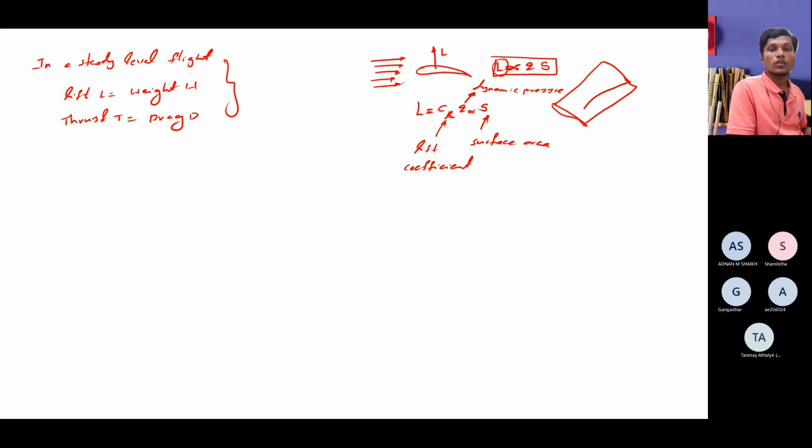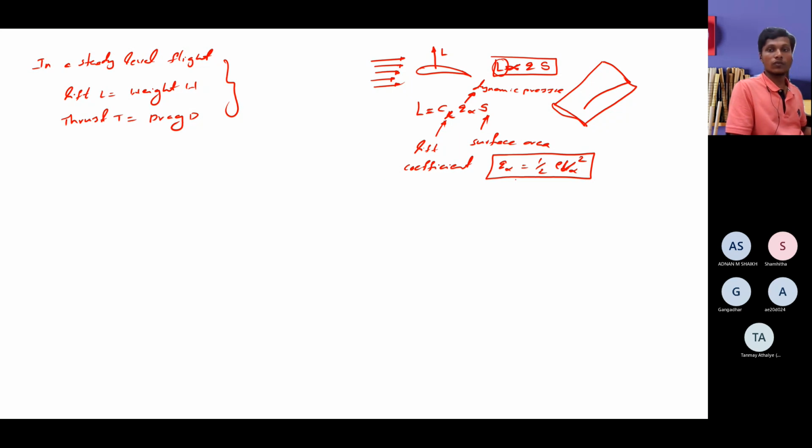These things are very important, and we can also see Q infinity equals half rho V infinity squared. This is the formulation of the dynamic pressure. So that's the important one.